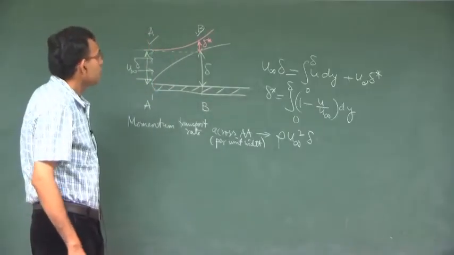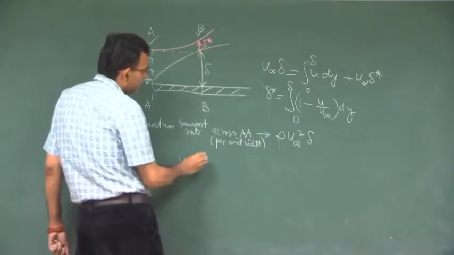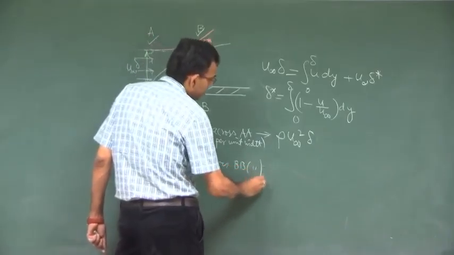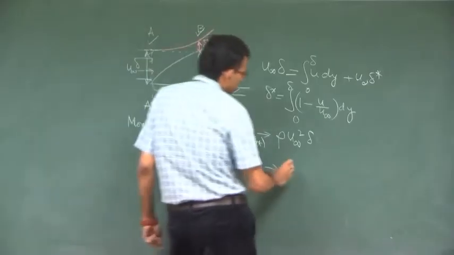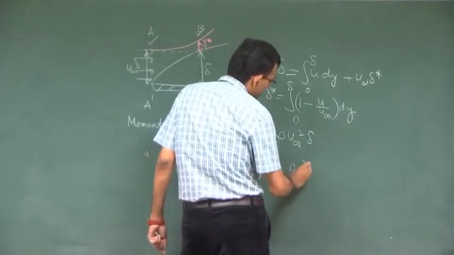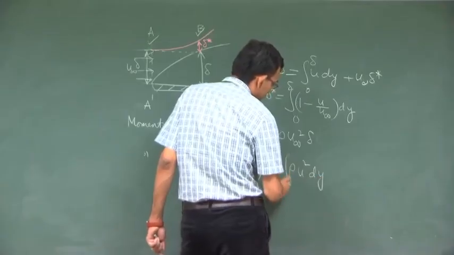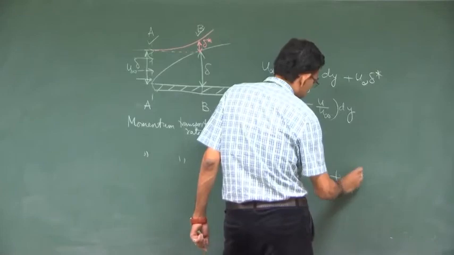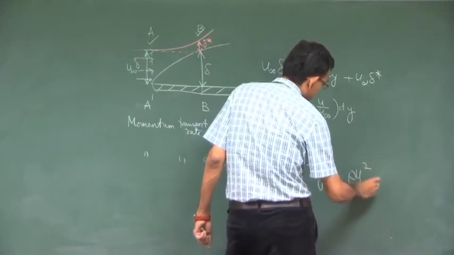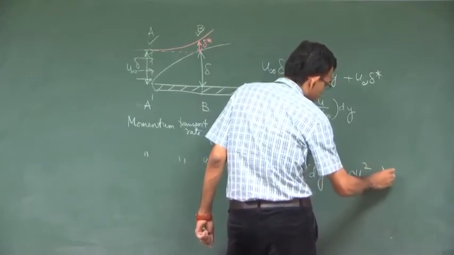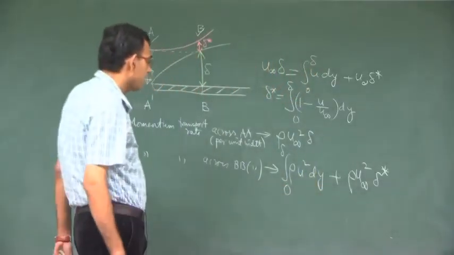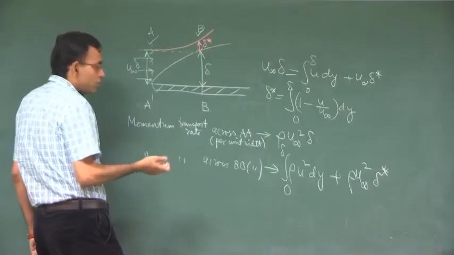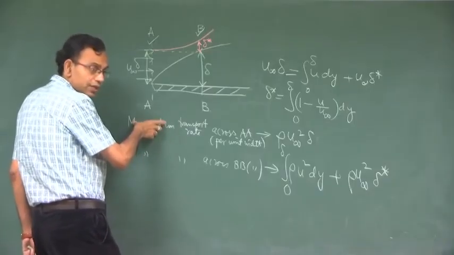Then the momentum transport rate across BB per unit width, what is this? It is the integral of rho u square dy. Which one do you expect to be more? This one you expect to be more, right.